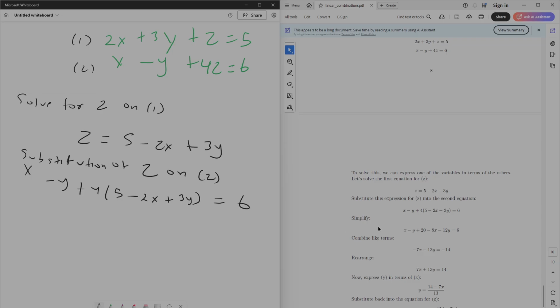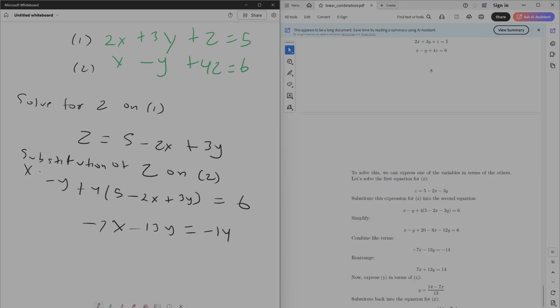That simplifies to x minus y plus 20 minus 8x minus 12y equals 6. If we combine like terms, we get negative 7x minus 13y equals negative 14.